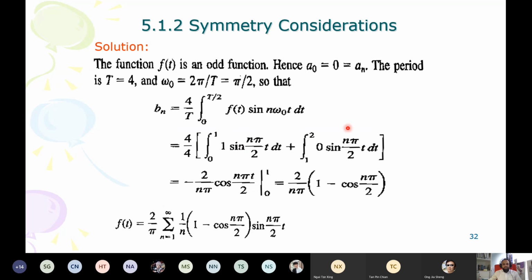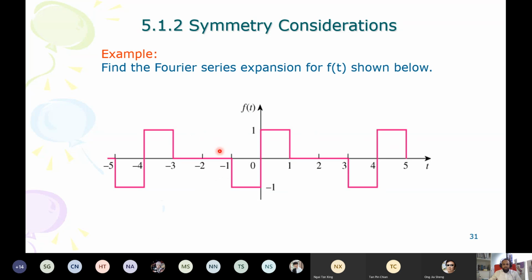Not very neat, but you can see that a naught and an are 0. The period is 4. We found omega naught as pi by 2. bn is 4 upon T between 0 and T by 2 only, and we just put this. And again we split the limit because it's only 1 between 0 and 1, and after that it's 0.